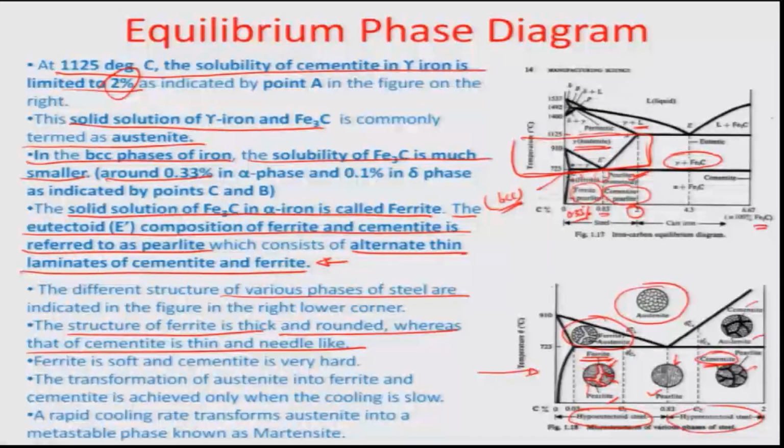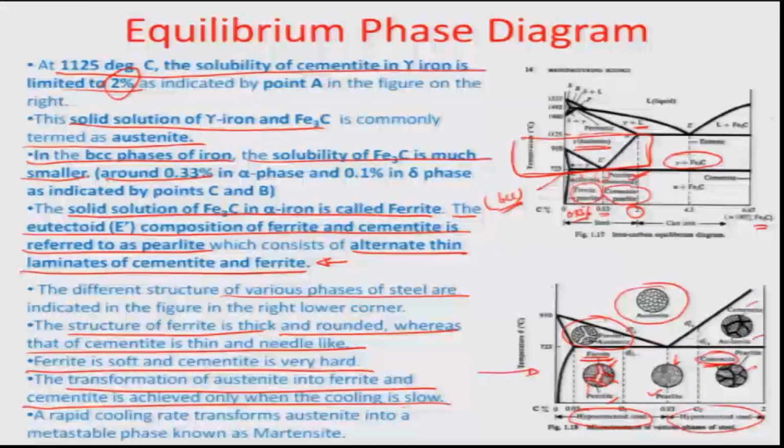These are some of the properties. Ferrite is soft, cementite is very hard. The transformation of austenite into ferrite and cementite is achieved only when the cooling is slow. That is a very important factor as well, and we are going to do the time temperature transformation diagrams very soon, where we talk about the impact of cooling on the various structures.